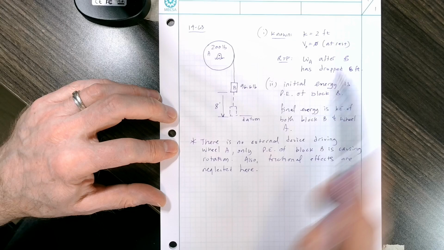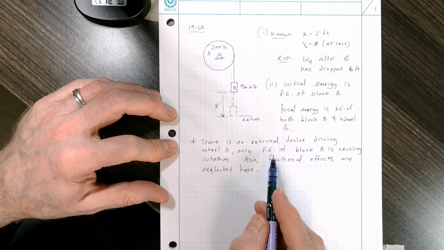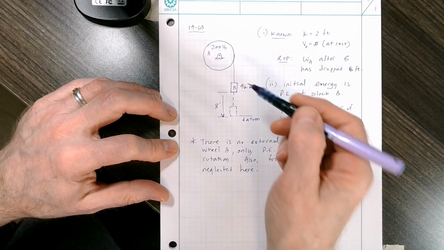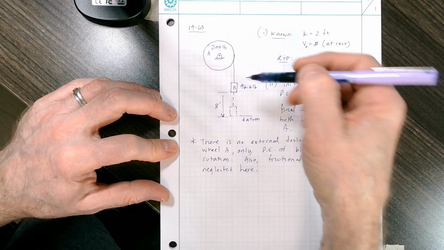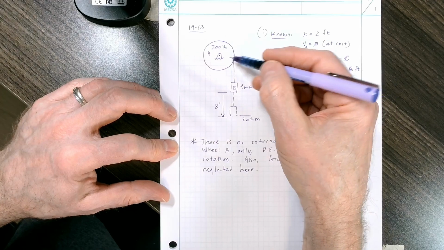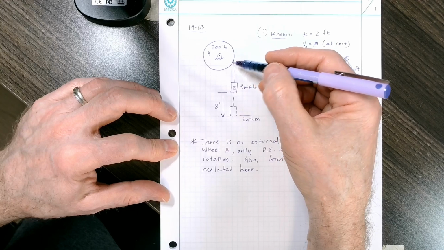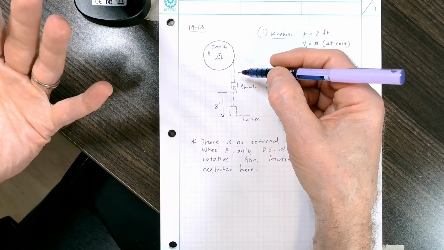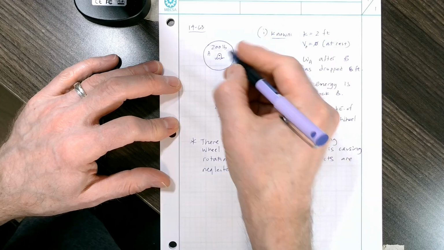But again, you might be inclined in your energy balance to say the initial energy is potential, and the final energy is kinetic of the block and kinetic of the wheel, plus torque times theta, torque being force times distance. It is true that there is a torque here. It arises due to the weight of block B acting on this radius, which I forgot to put in here.